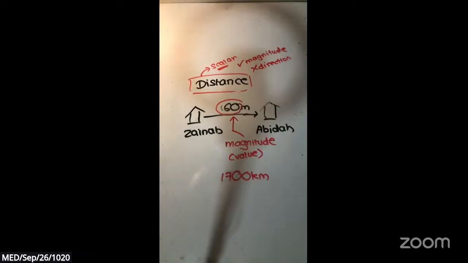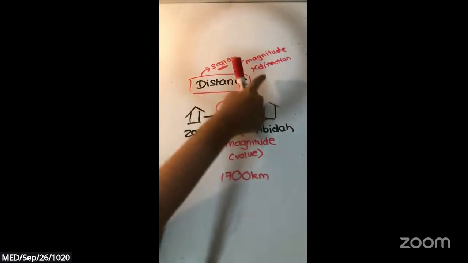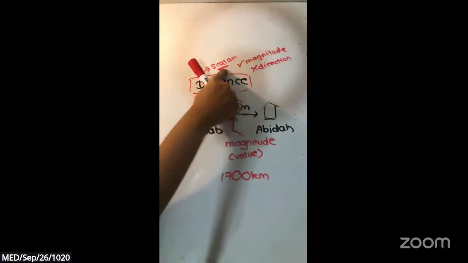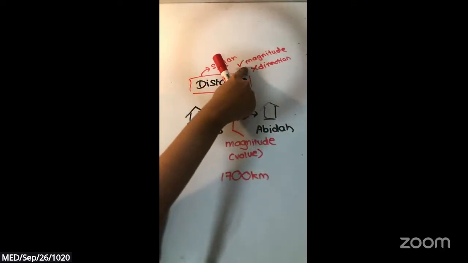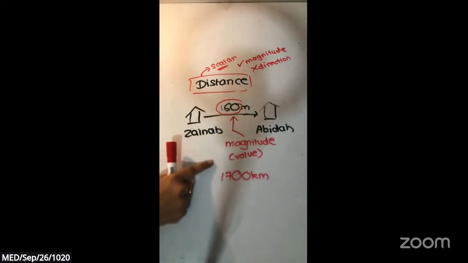What is scalar really? In simpler terms, scalar simply means it has a magnitude, no direction. That's it. Just remember like that. What is magnitude? It means it has a number, it has a value.